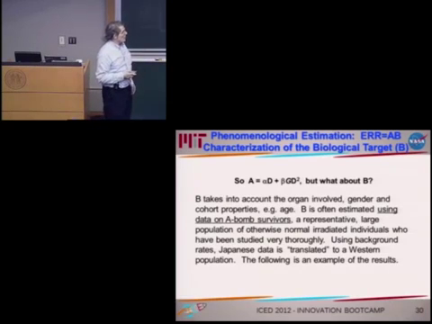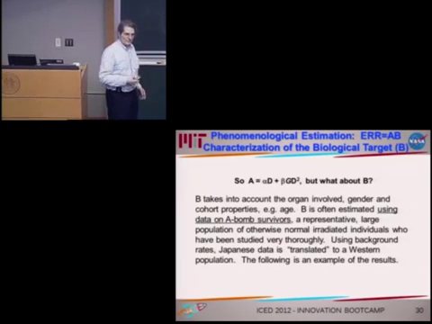Okay, so for now, in terms of the phenomenological modeling, B is often estimated using data on A-bomb survivors, in answer to your question, because of a paucity of data we can get our hands on in the human area. I mean, obviously you can't expose people.